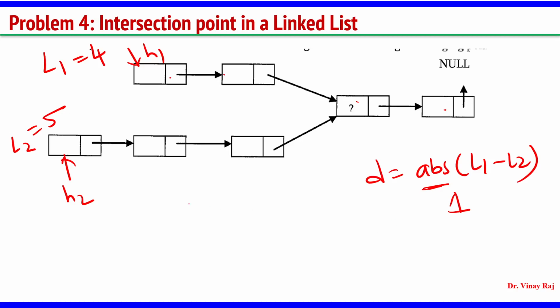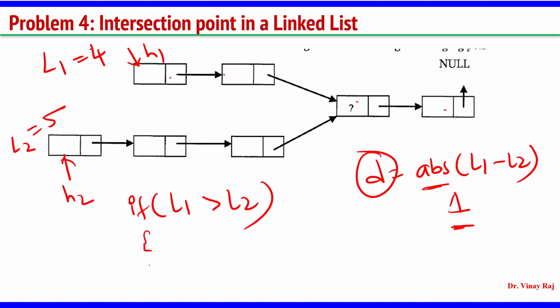Now, you find out if L1 is greater than L2, whichever length is greater, it has to move D steps forward. In this case, which one is the greatest? L2 is greatest, right. L2 is large.